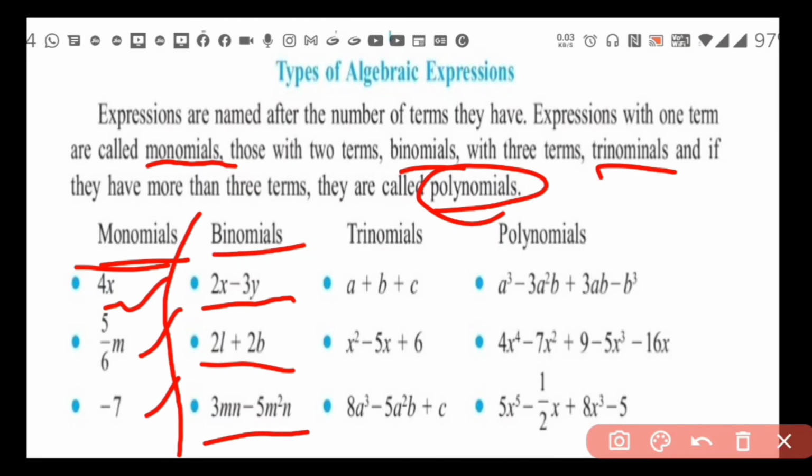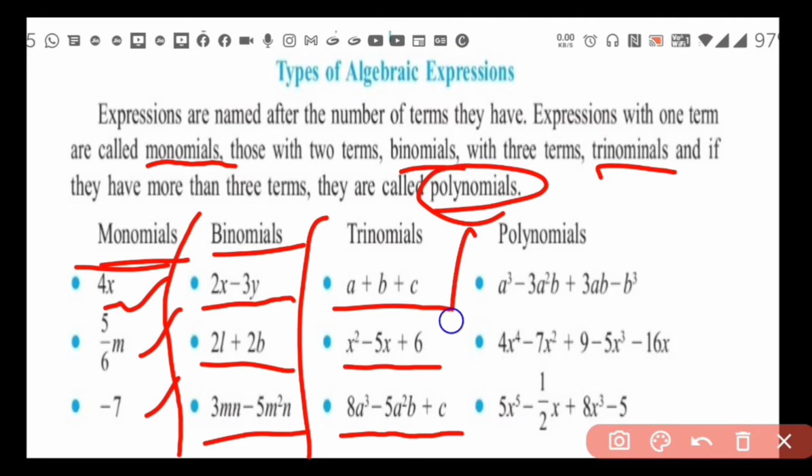So these are the binomials. Then trinomials are there. a plus b plus c, x square minus 5x plus 6, 8a cube minus 5a square b plus c. So these are trinomials, where we can observe three terms. And then in polynomials, here 4 terms are there, here 5 terms are there, again 4 terms are there. So 4, 5, 6, 7, more than 3 terms are polynomials.